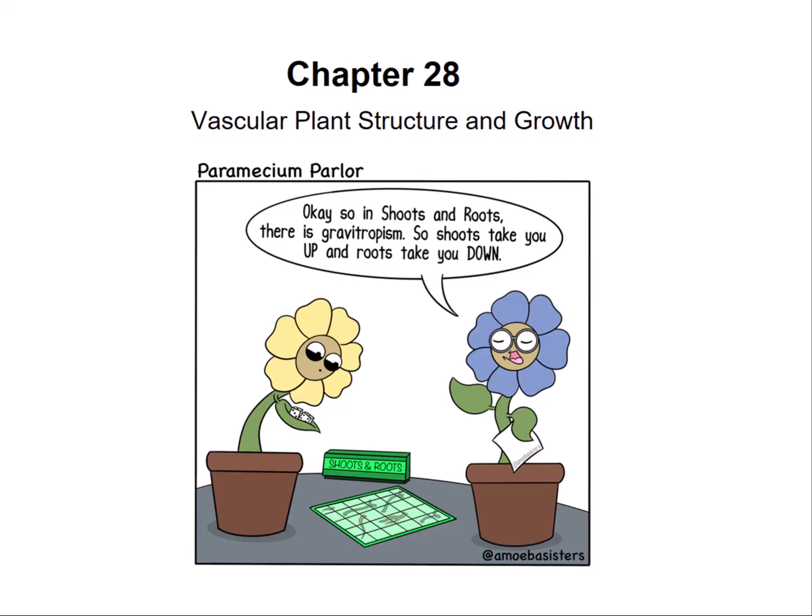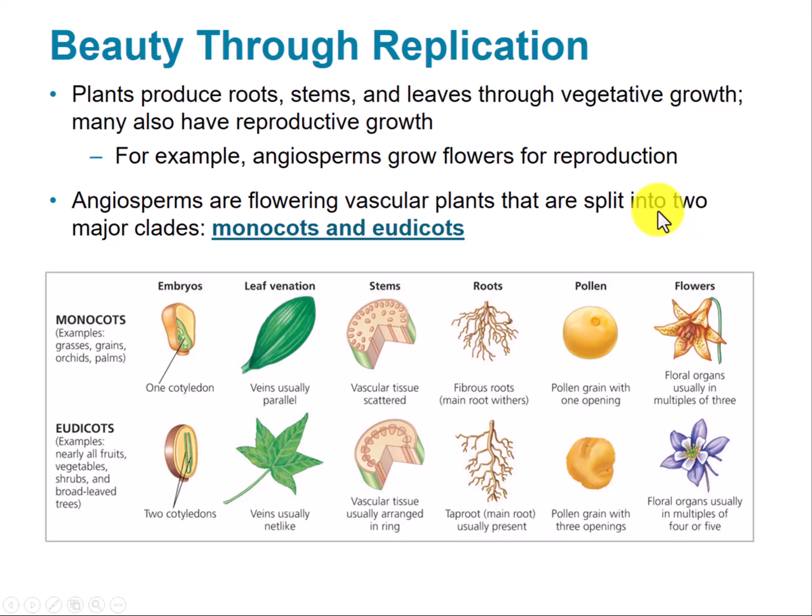And to start with, we're going to talk about how our angiosperms are further divided into two taxonomic classes called our monocots and our dicots. You'll see the dicots sometimes referred to as eudicots. So with our monocots and dicots, what we're referring to is the seed leaf.